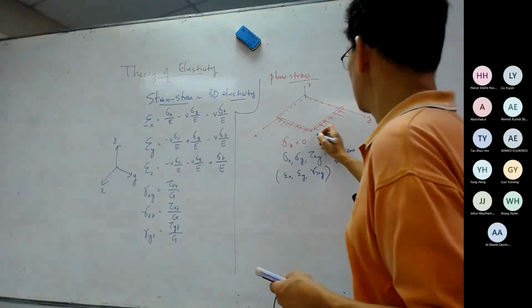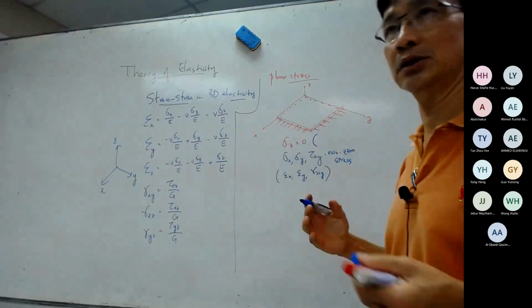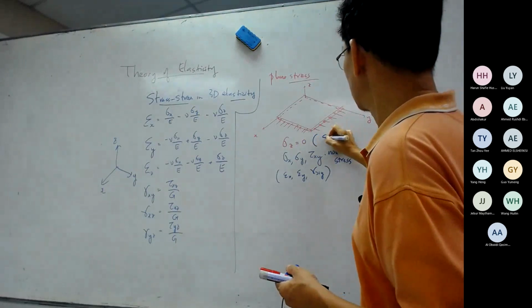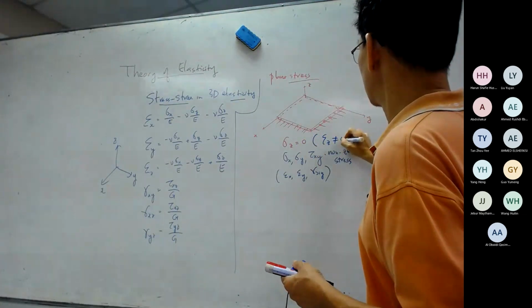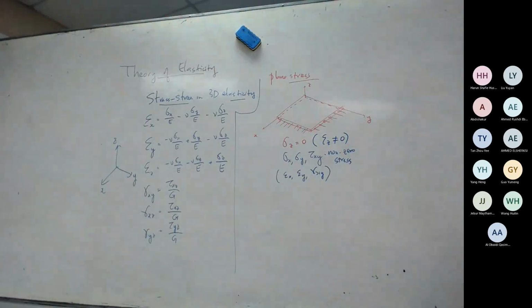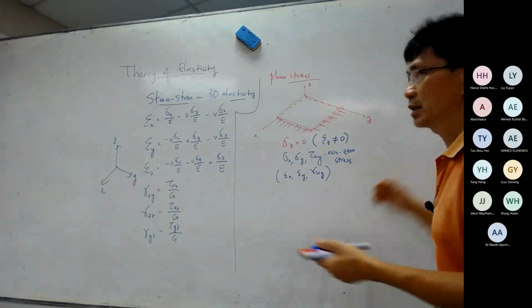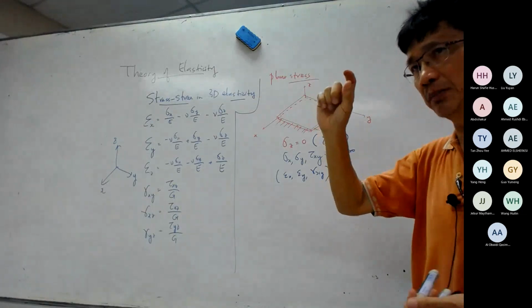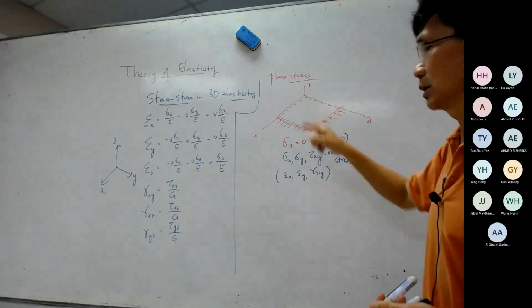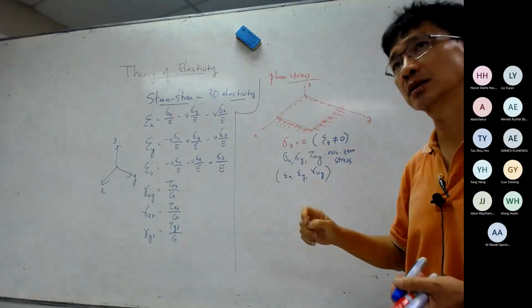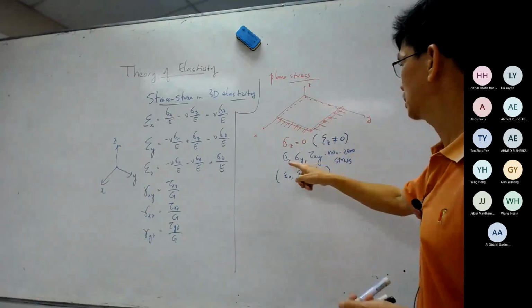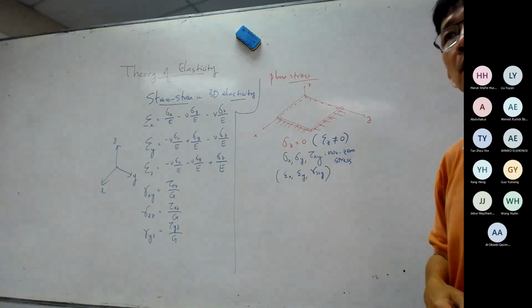But we must remember that sigma z is equal to 0, but epsilon z is not equal to 0, meaning that if this is the z direction, then in a plane stress problem, you have a change in dimension in thickness here. You have a change in thickness, which is caused by sigma x and sigma y.